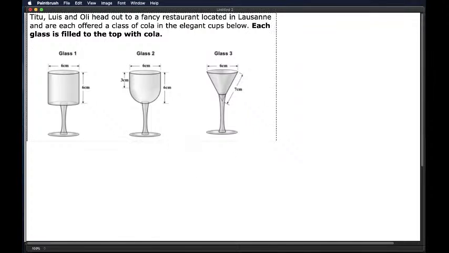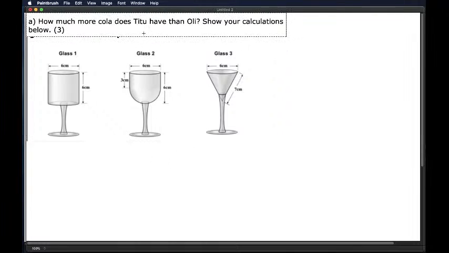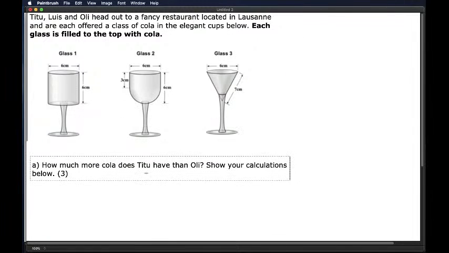So in this question, I'll bring the questions up so you can see what they were initially. So I had, how much more cola does T2 have than Ollie? So I'm going to name these cups so I know what they are. Let's see, T2 is each this. So this is T2's glass here, T2.